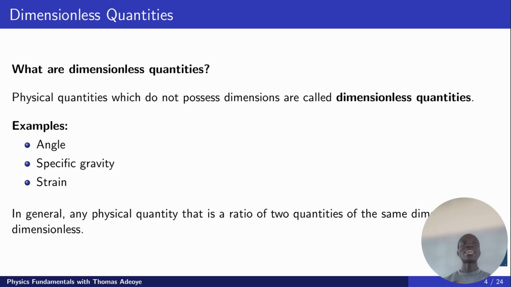That is, we can have a physical quantity that has units but no dimension. Someone may ask, is the converse true? Is it possible for us to have a physical quantity which has dimension but no unit? No, this is not true. But what you should know is that not all dimensionless quantities are unitless. So moving on, angle has units but it does not have dimension.